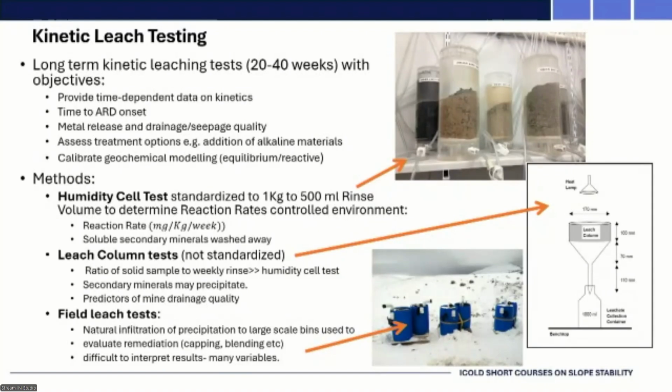And then there's, of course, a field test, and this is very time consuming, but it's actually really worthwhile to try and set them up, and that's where you set them up in big bins and you actually leave it in the natural conditions on the mine site. So if it's snowing or it's very hot or dry, whatever, and you keep collecting the leachate, and that gives you those results.